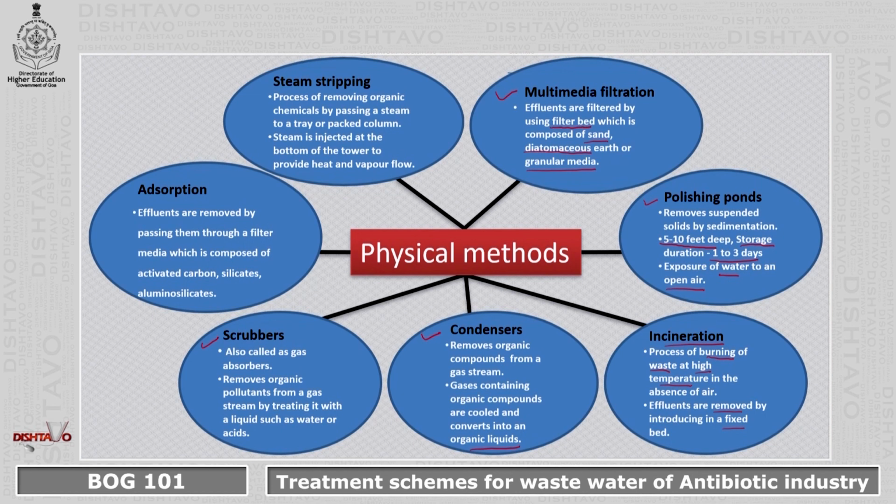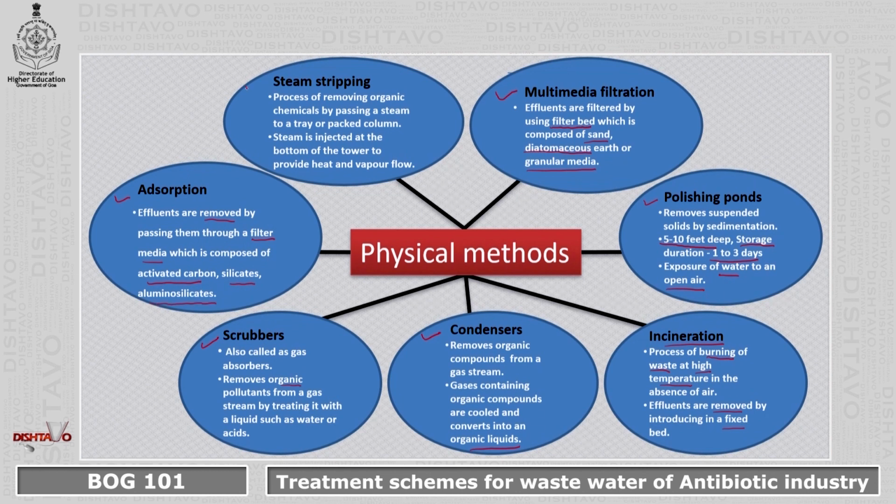Scrubbers, also called gas absorbers, remove the organic pollutants from a gas stream by treating it with liquids such as water or acid. The next method is adsorption. Here, the effluents are removed by passing through a filter media. Filter media is composed of activated carbon, silicates, and aluminosilicates.